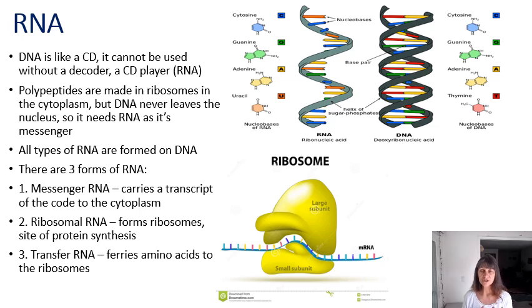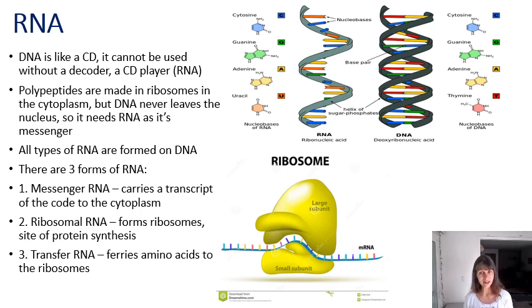So in order to get the message off of the DNA, we have to produce a molecule that can exit out of the nucleus and take that message to the ribosome. That occurs in the form of RNA, specifically messenger RNA.